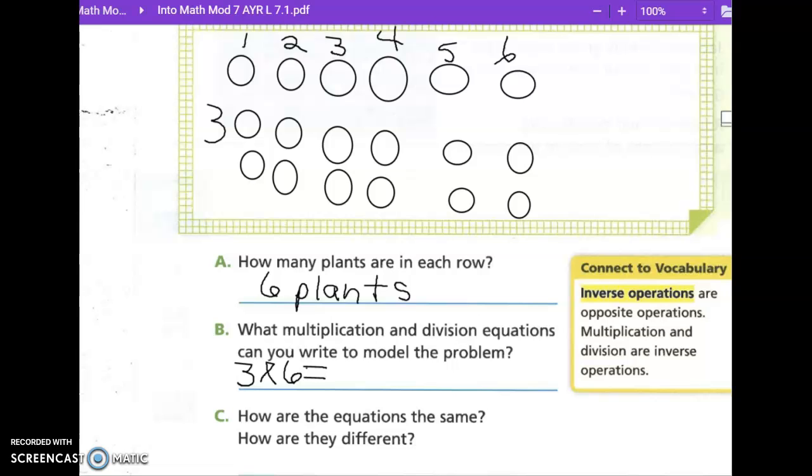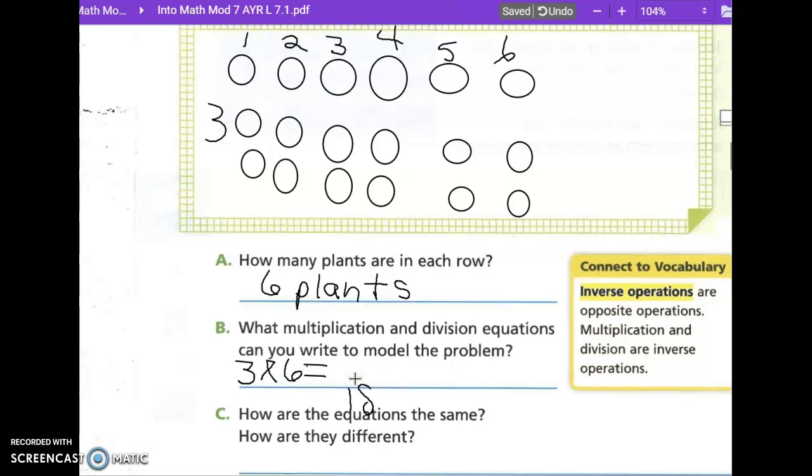So 3 rows of 6 equals 18. Now, if we're going to divide, what would be our division sentence? We always start with our largest number. What's our largest number? Very good. 18 divided by 3 equals 6.